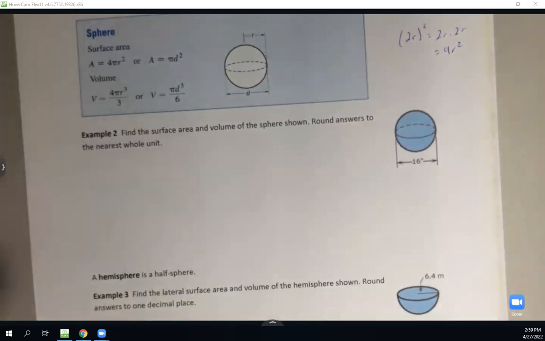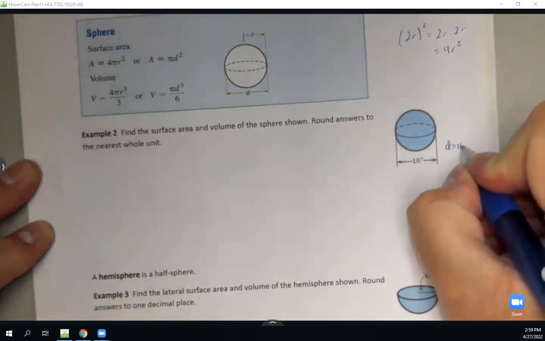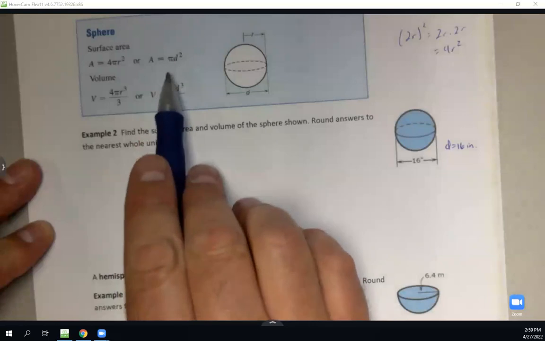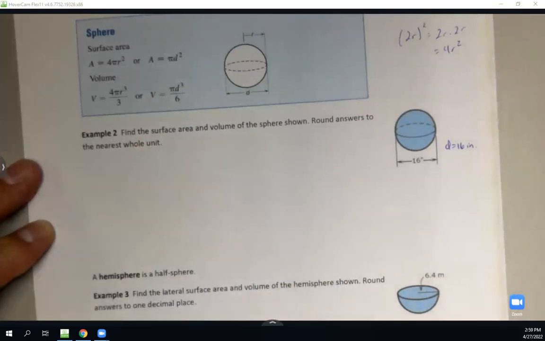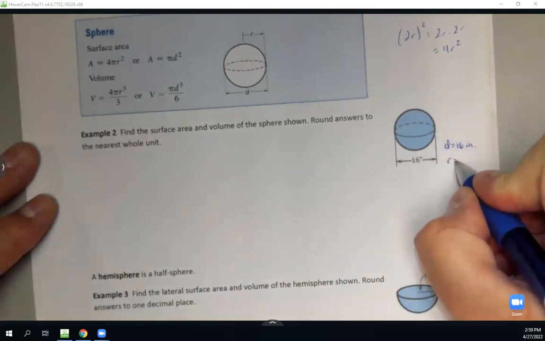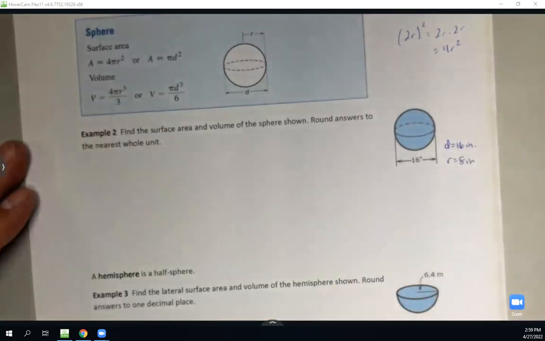Since we have the diameter, so D equals 16 inches, it's probably going to be easier to use the formulas with the diameters involved. But if you didn't want to do that, if the diameter is 16 inches, then the radius is 8 inches. So you could just as easily use the ones that have the radius formulas. Does that make sense? So it's really how you prefer to do it.